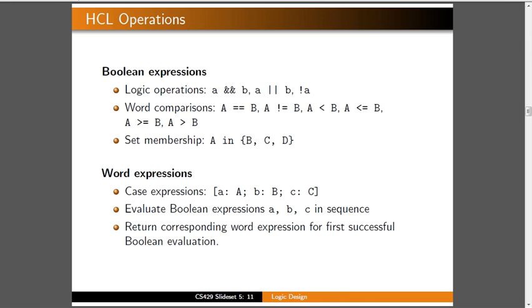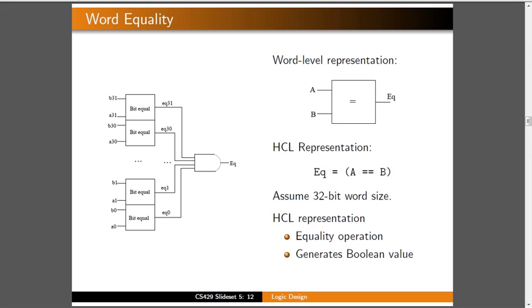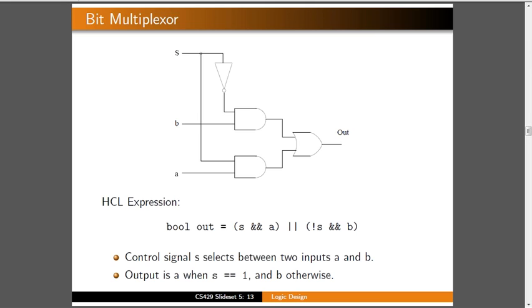These are the case expressions like A colon A, B colon B, C colon C. We evaluate the Boolean expressions A, B, C in sequence, and return the corresponding word expression for the successful Boolean evaluation. This shows how we can check word equality.